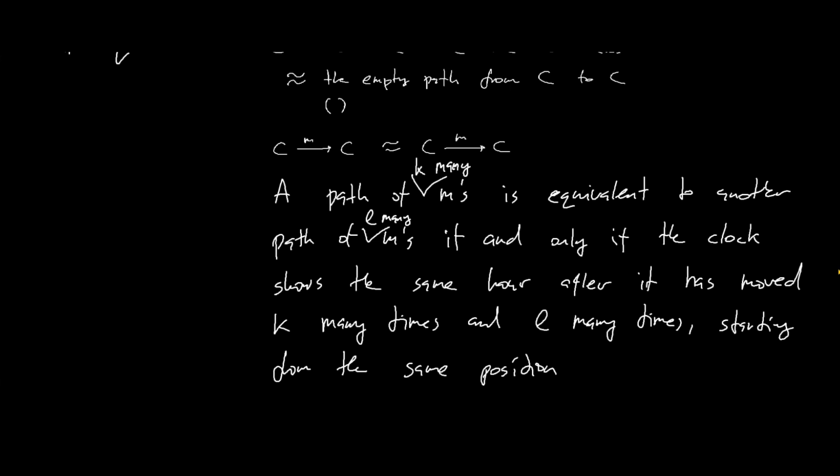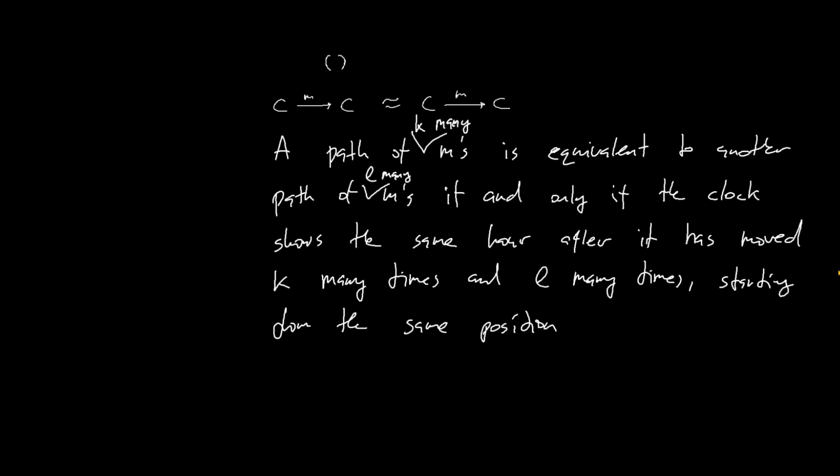And as Alexander said earlier, in the end, this rule will essentially be telling us that when we divide K and L by 12, the remainders should be the same. So the first path is equivalent to the other one if and only if K and L are congruent to each other modulo 12. So this is a very simple rule now that describes for us the equivalence.